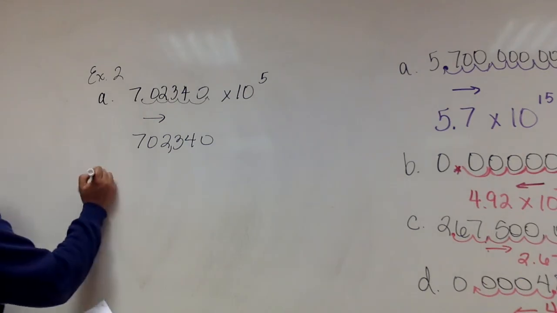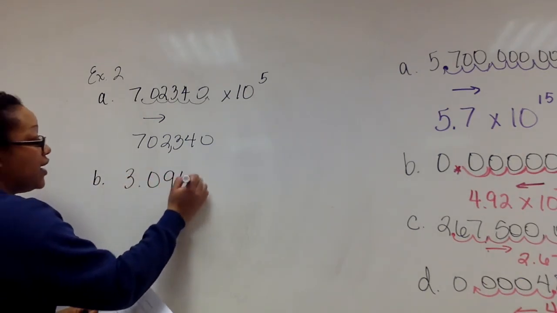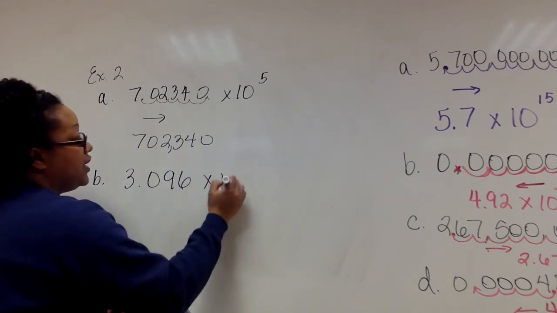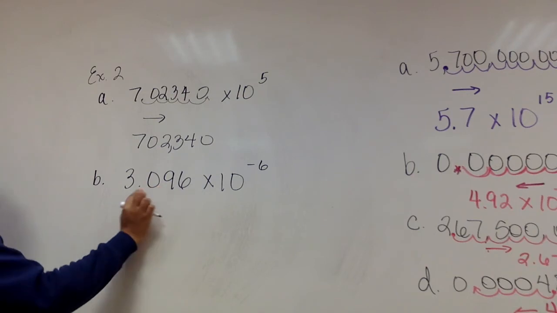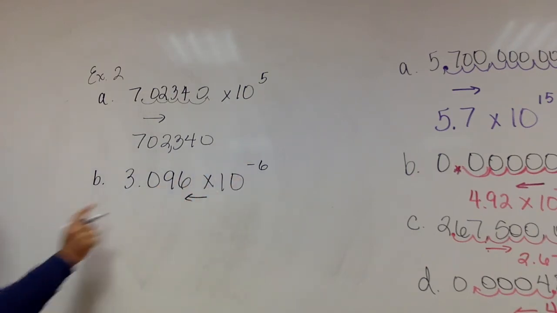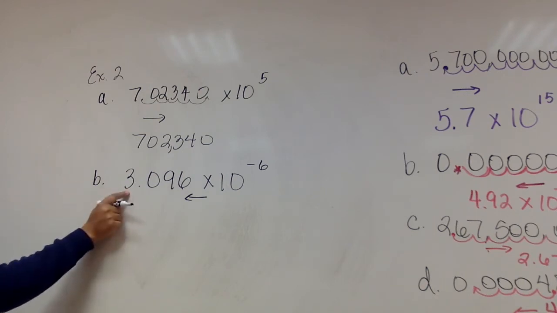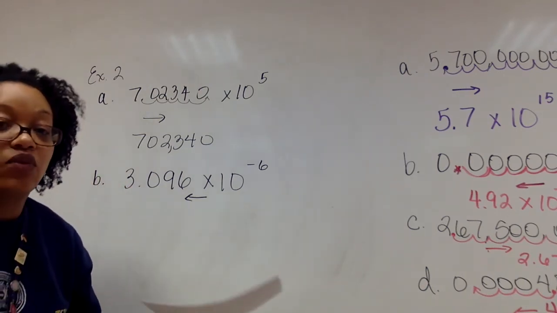And then for letter B, you got 3.096 times 10 to the negative 6. This is telling me that I have to start here, but it's negative, so I have to go to the left. Now, remember, negative, those are zeros.